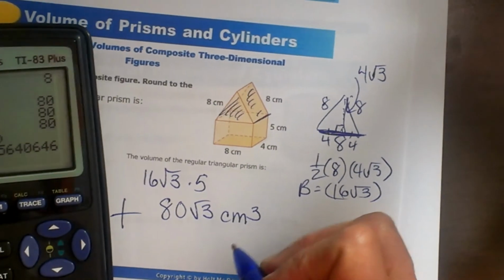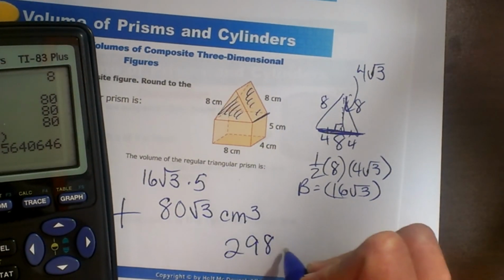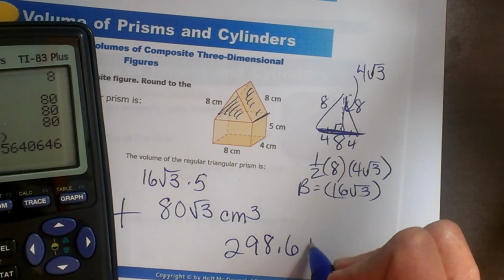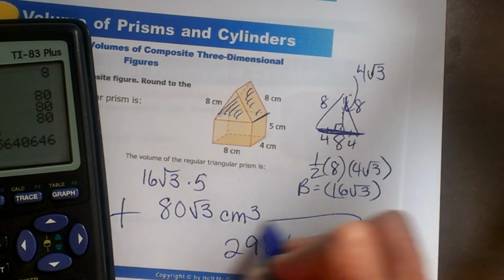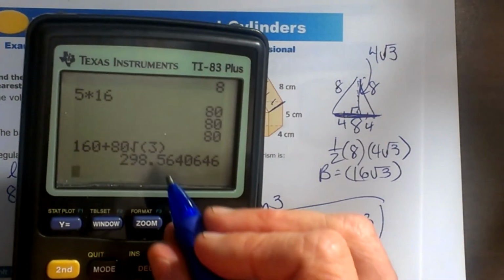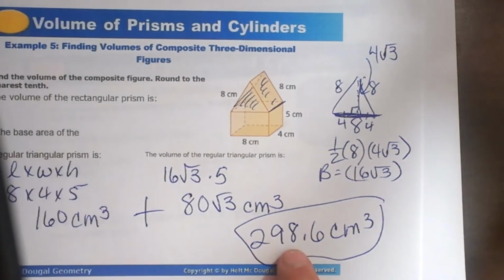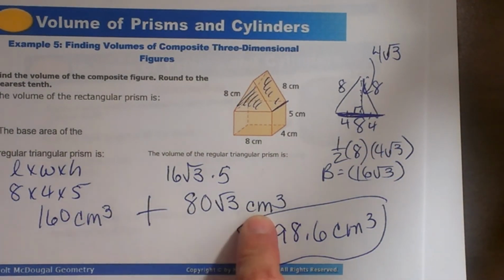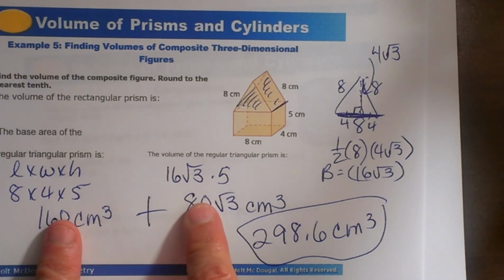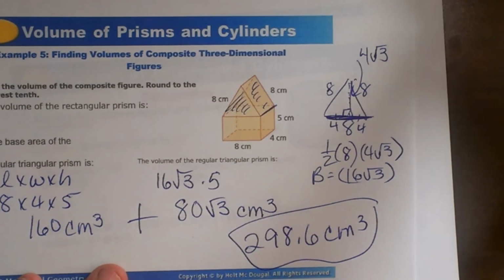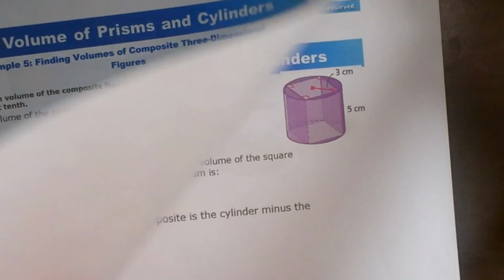So the decimal answer is 298.6 cubic centimeters. But if you want the exact, because we'd have to round this off, so that one's not exact. Here's the exact answer. So if you're asked for exact answers, leave them as radicals. And if you're asked for estimated, you write it as a decimal.